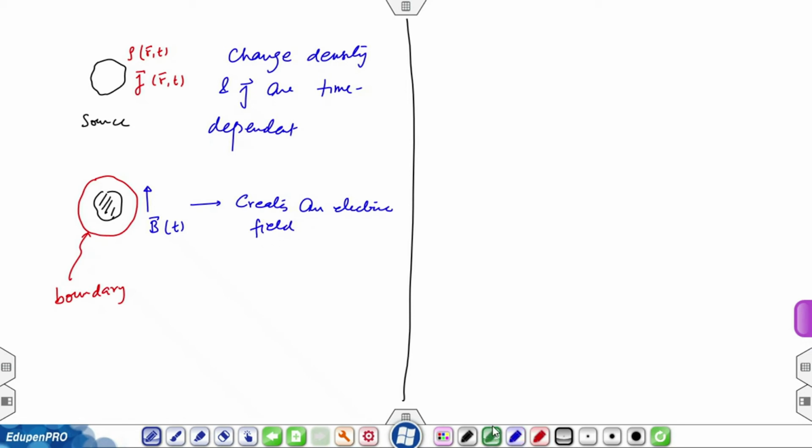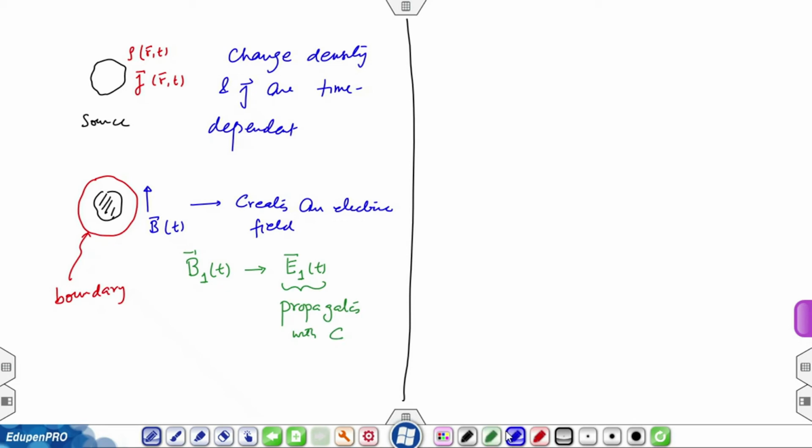So, I have, let us say, B1(t) at the boundary. It gives me an electric field E1(t) generated right there, and this propagates with c.